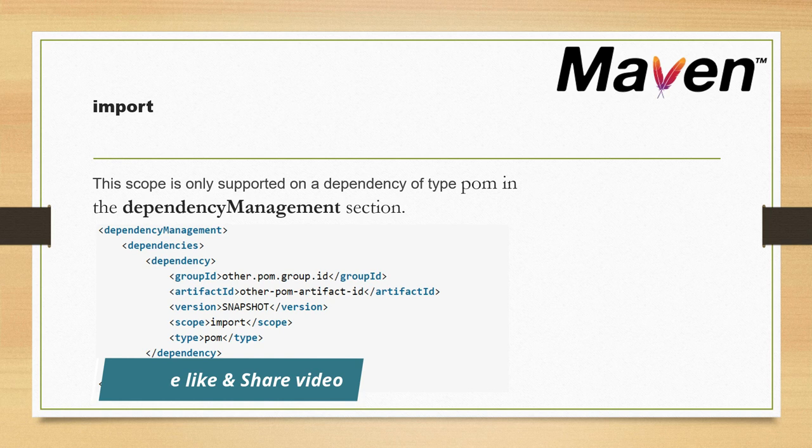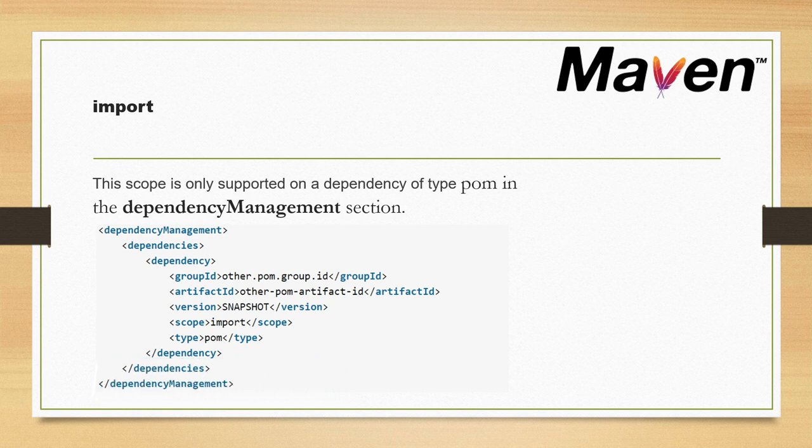You have a dependencyManagement, and within that you have dependencies, and within the dependency tag you can specify the scope as import. Keep in mind, this is only used in the dependencyManagement section, and the provided type should be POM, then only you can use the import dependency scope in Maven.